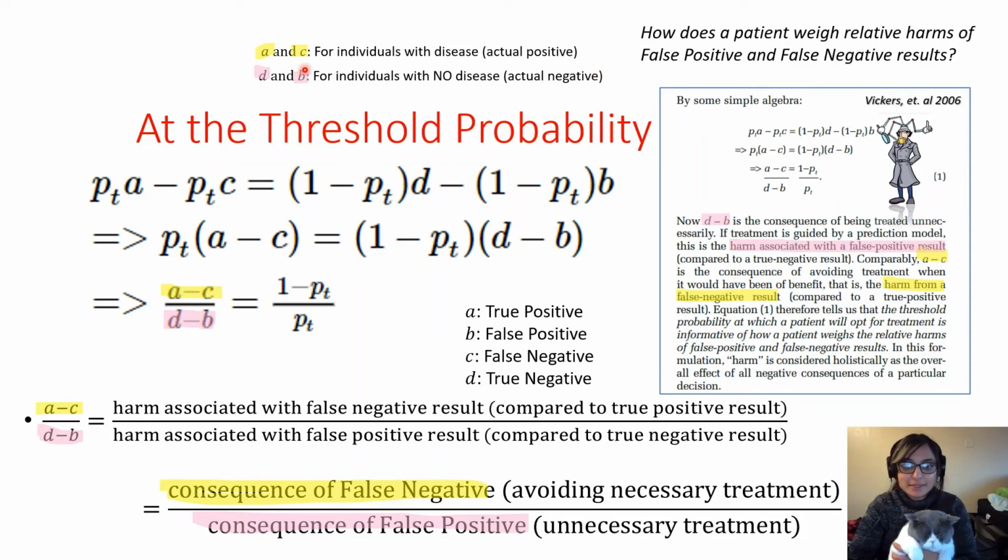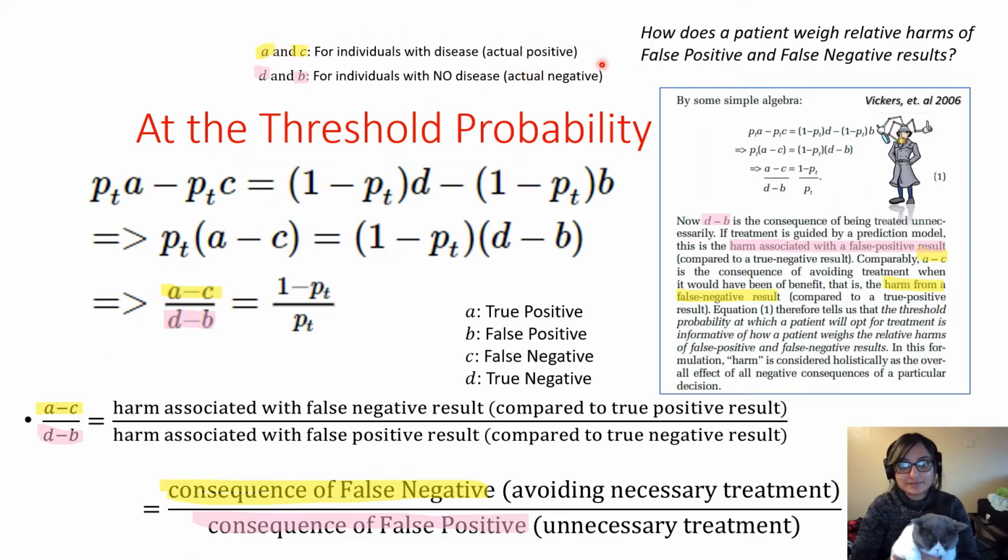Whereas D and B are for individuals who actually do not have the disease, the actual negatives. D is the true negatives, those who don't have the disease, who we correctly predict are healthy, while B is the false positives, individuals who don't have the disease but we wrongly predicted that they do. So A minus C, this first part, is focused on the people who have the disease.